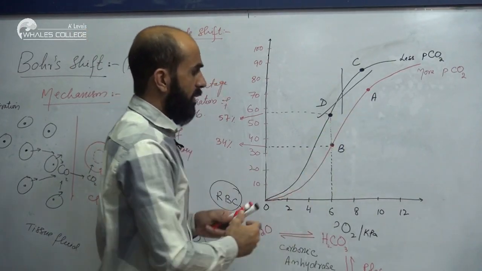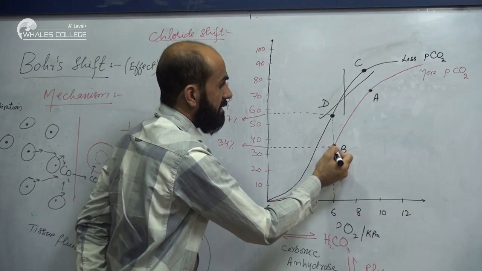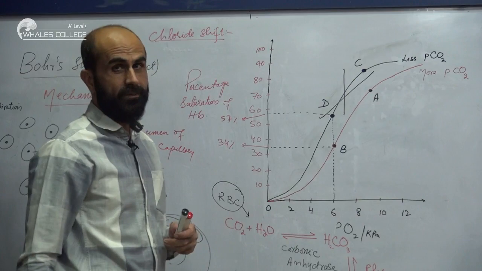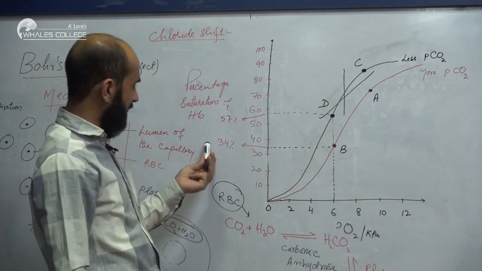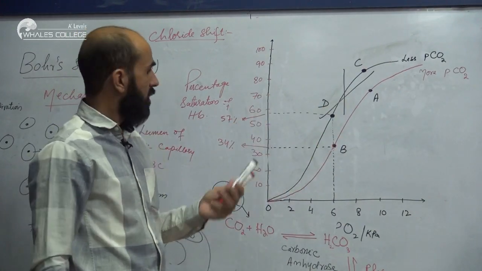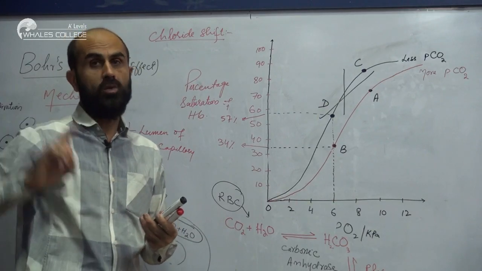Now if you compare A and B, at which point is there less saturation? Of course B has lesser saturation, which is only 34%, while A is more than 70%. The one with lower saturation must have a higher dissociation rate.